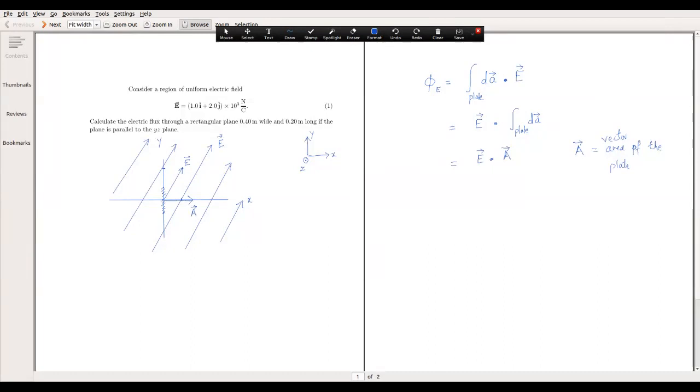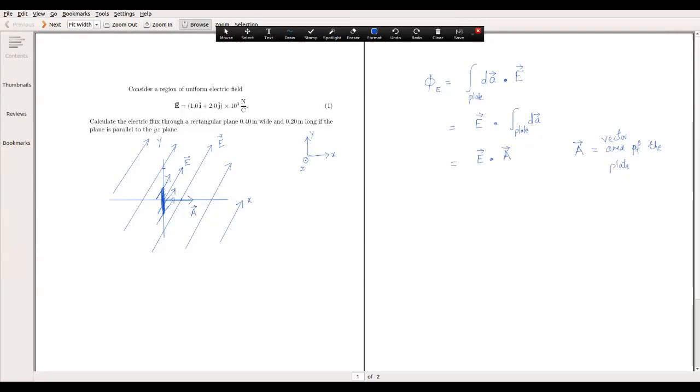It doesn't matter in what orientation it is in the YZ plane as far as the electric field going through is concerned. So if you see this as a plane now, you see that there is electric field going in this direction here, where it's crossing that plane. And we would like to calculate all this electric field passing through only this much. That's your plane, and how much electric field is crossing.